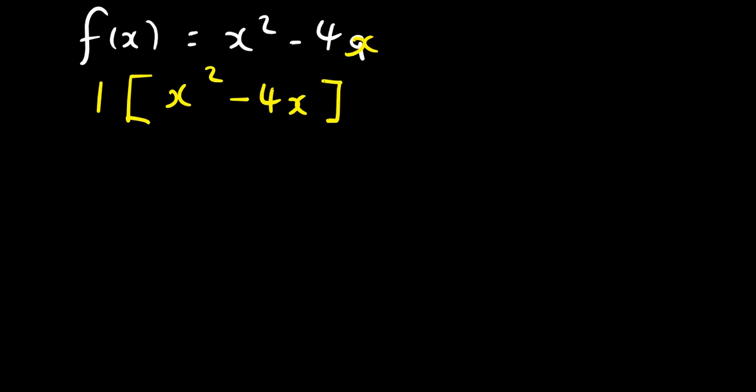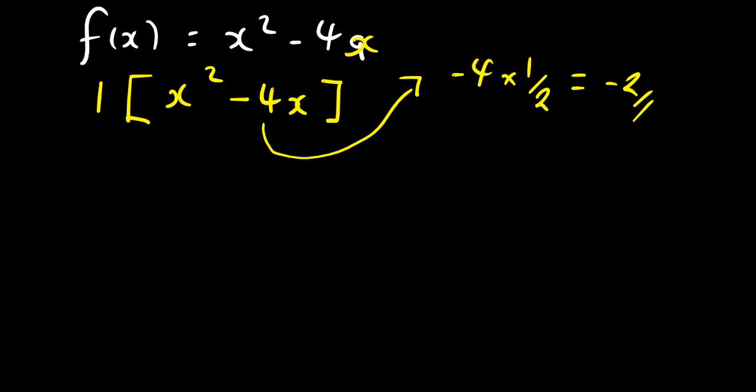Now what are we going to do? We said you get the coefficient of x and you find its half. So negative 4 multiplied by half will just give us a negative 2. Then we square it.